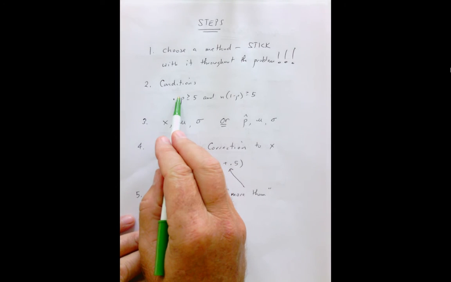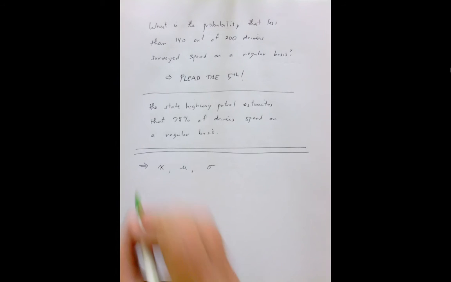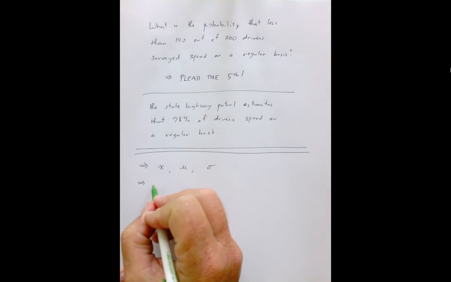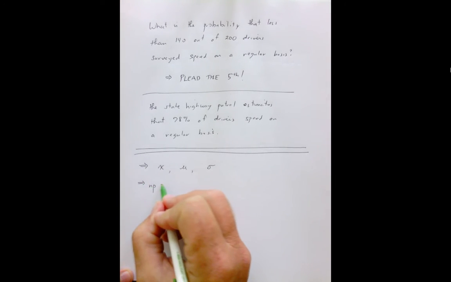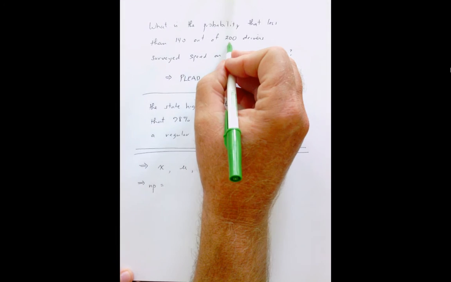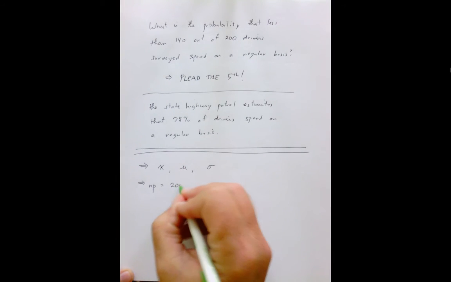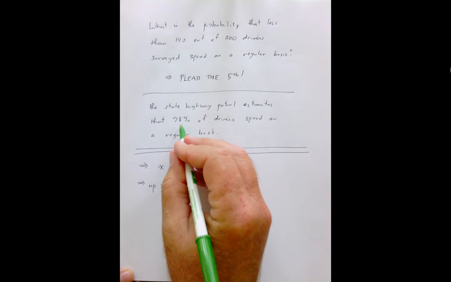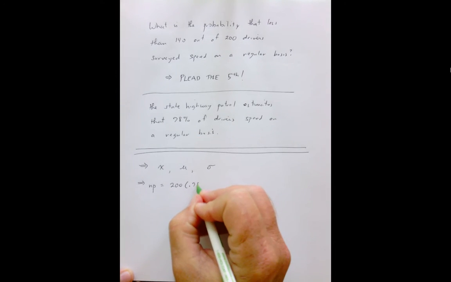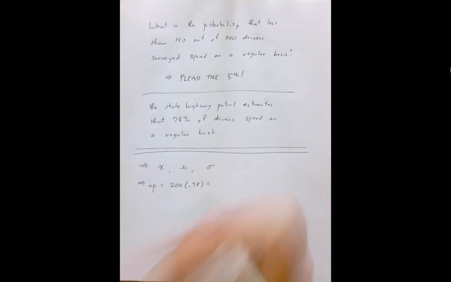Second thing, work the conditions. N times P. So N is the big number, 200. P is the percentage we have of the population. So 200 times 0.78 is 156, I'm pretty sure.